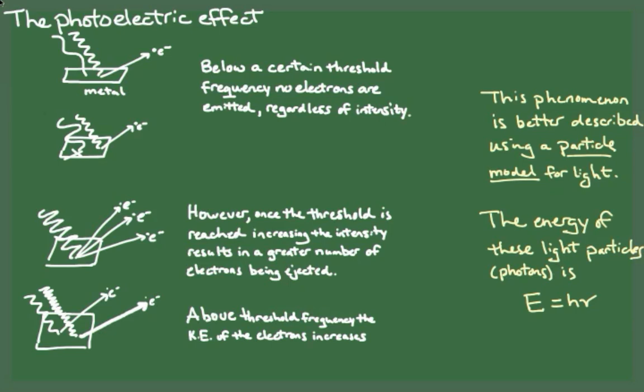So this was the equation formulated by Planck to describe the behavior of light emitted from black bodies. Einstein then used this quantization of light energy to describe and help to understand the photoelectric effect. In fact, Einstein won the Nobel Prize for Physics for this particular contribution.